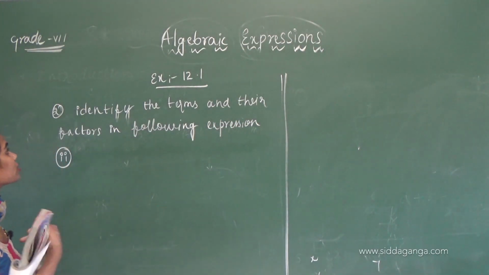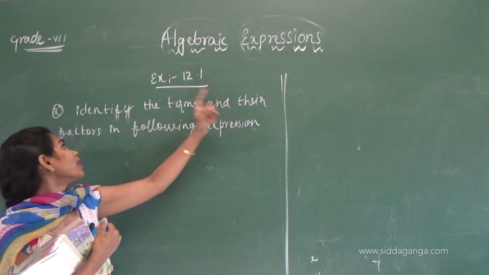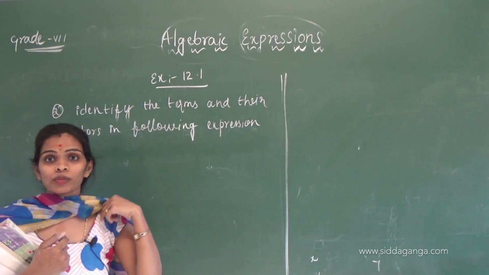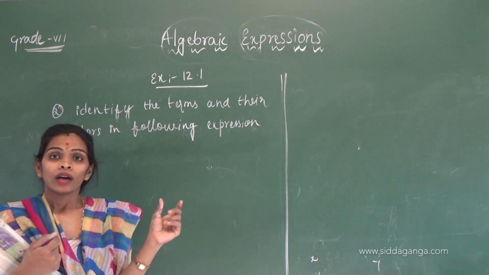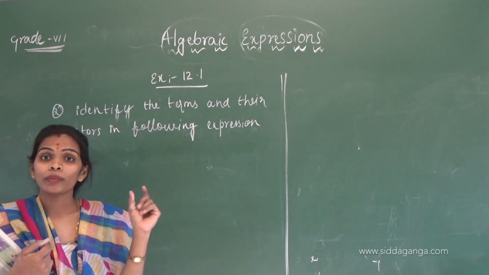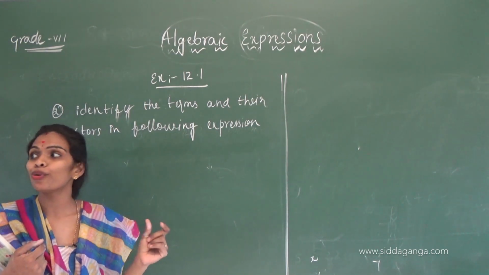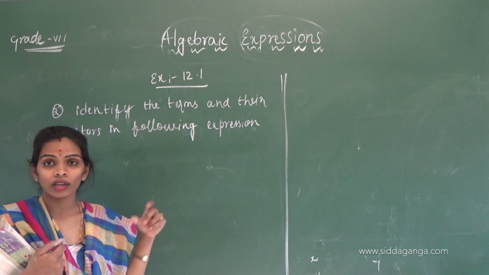Here what they are asking: identify the terms and their factors in the following expression. If they asked us to do it on the basis of the factor tree method, we already learned how to do that in our previous class.